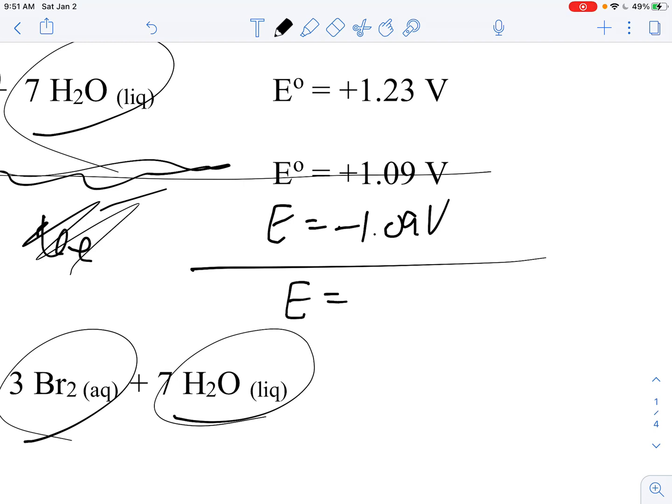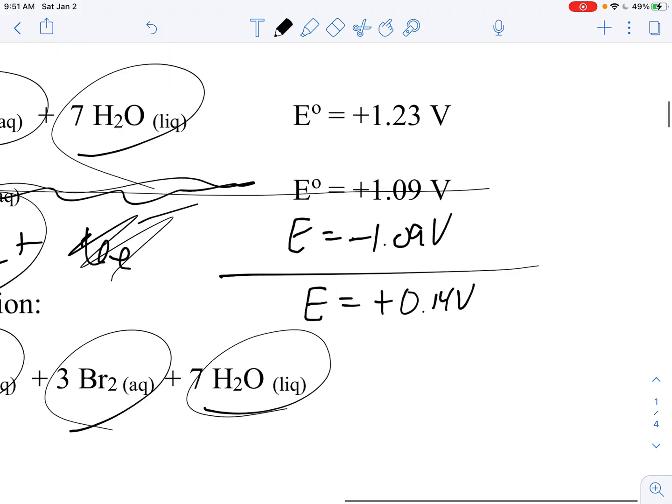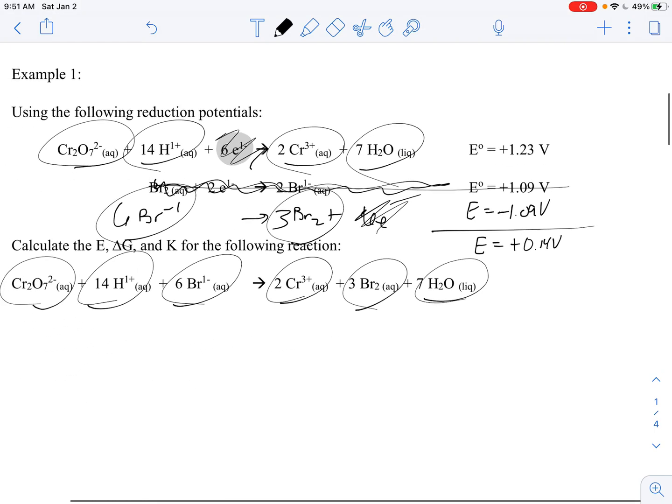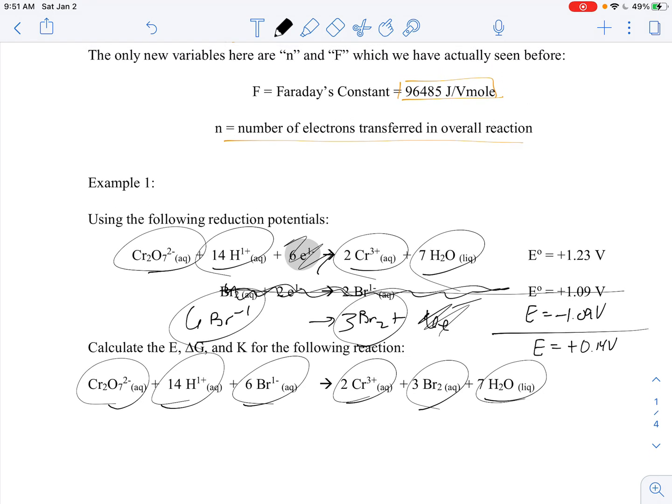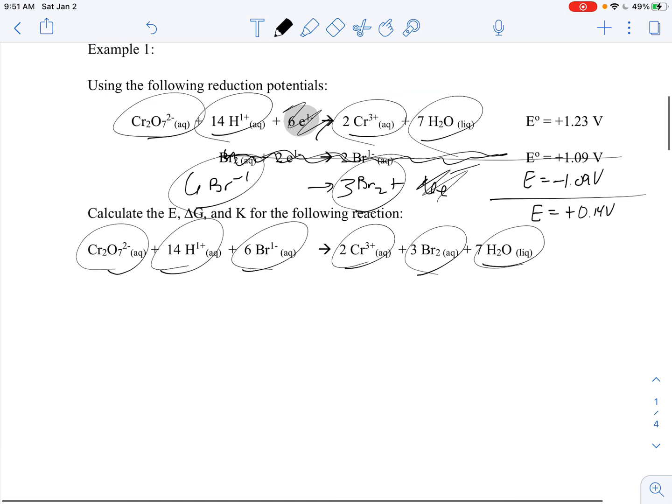We can figure out what the voltage is. If I want to figure out what the voltage is between these two things, I just have to add them up. So this is 1.23 added up with a negative 1.09. I get a voltage of positive 0.14 volts, which makes a spontaneous, thermodynamically favorable reaction because the voltage is positive.